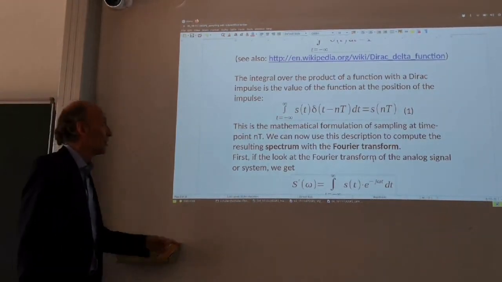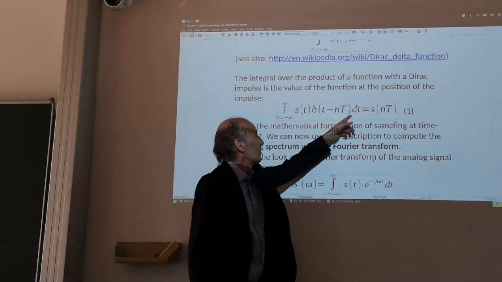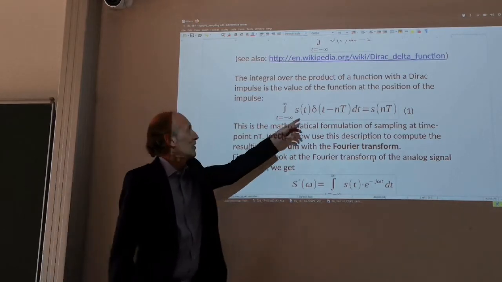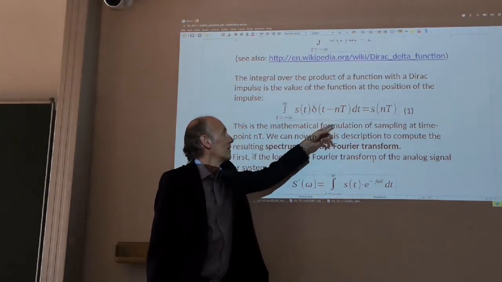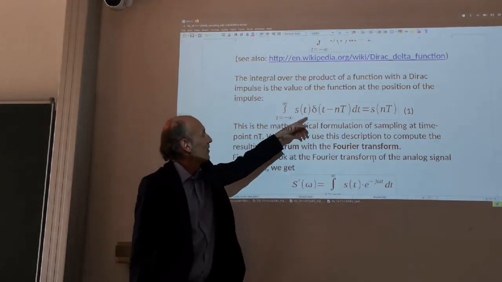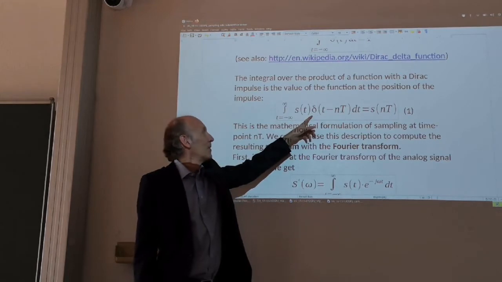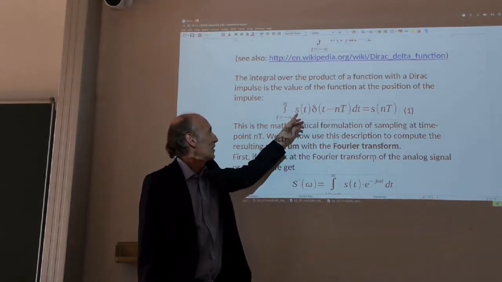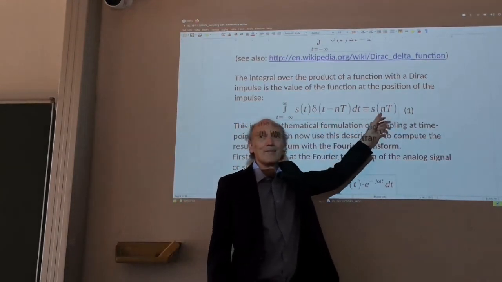So if we now take our analog signal s(t) and multiply it with this Dirac pulse, in this case just one shifted Dirac pulse at position nT, then since the integral over this Dirac is 1, and the width is infinitely small, right, then all that's left of this integral is the value of s at position nT.